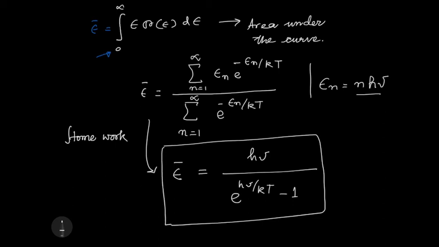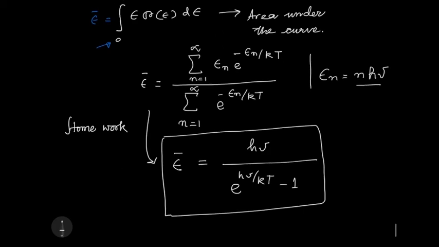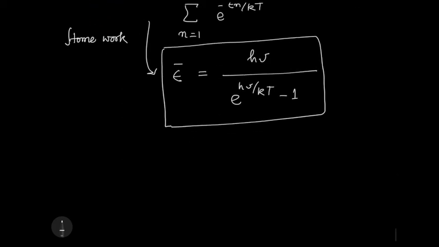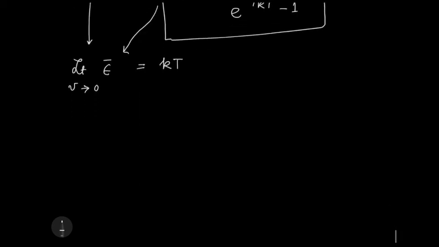So this is the average energy that you calculate using Planck's quantum hypothesis. And you can check, again homework, that in the limit nu tends to 0, epsilon bar comes out to be kT, which at small frequencies goes to the Rayleigh-Jeans limit.